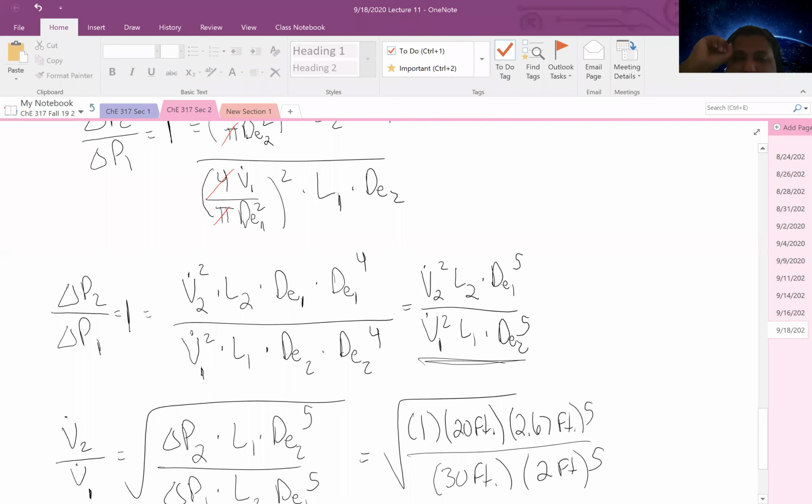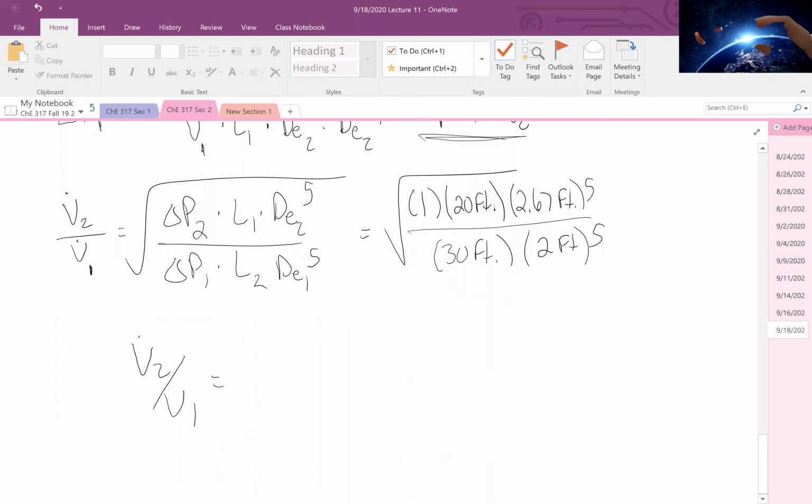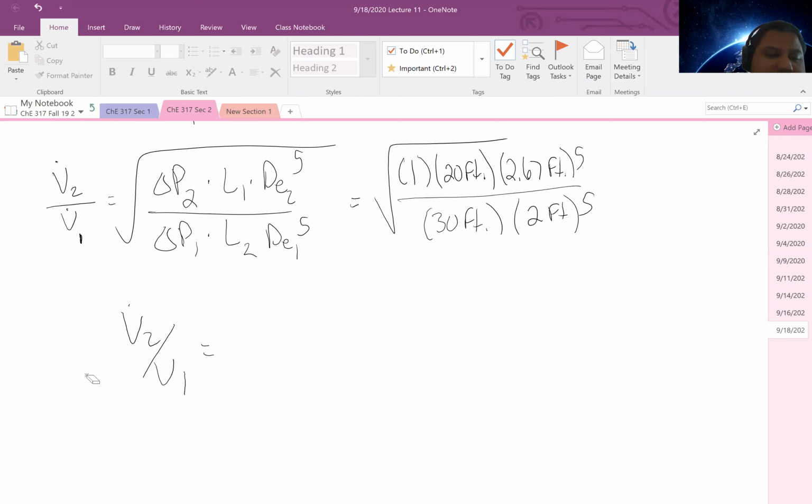Because what am I left with? Actually, in this case, it does, because I'm left with a unitless value since we're looking at a comparison, which is what I should expect. So, never mind. This should be unitless because I'm looking at cubic feet per second over cubic feet per second. And then under the radical, I have feet to the 6th divided by feet to the 6th. Okay, now that does work.